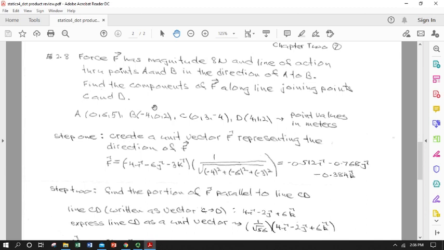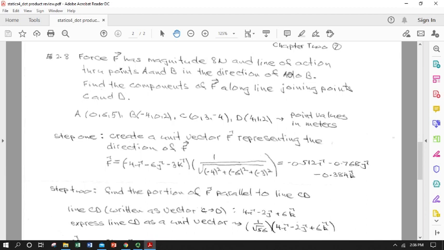So points A and B, we're going to use that to get the direction of F. And then we're going to use C and D to get the direction of interest that we're going to try to find what portion of F is parallel to. So this gives us a chance to calculate vector magnitude.